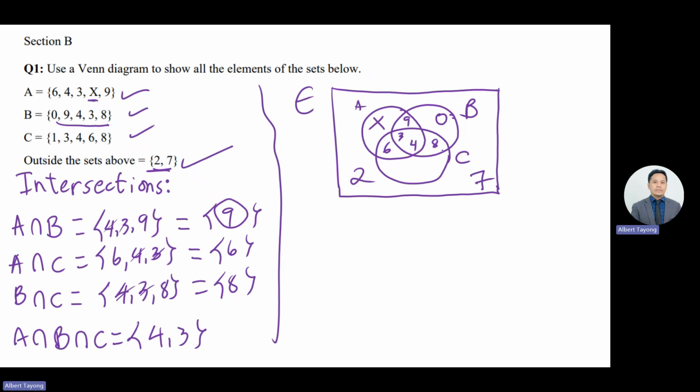B is until here. Our C is 1, 3, 4, 6, 8. We have already 6, 3, 4, 8. So 1 is here. That is C only. So this is our Venn diagram. Okay, showing all the elements of A, B, and C, and the elements outside the set.